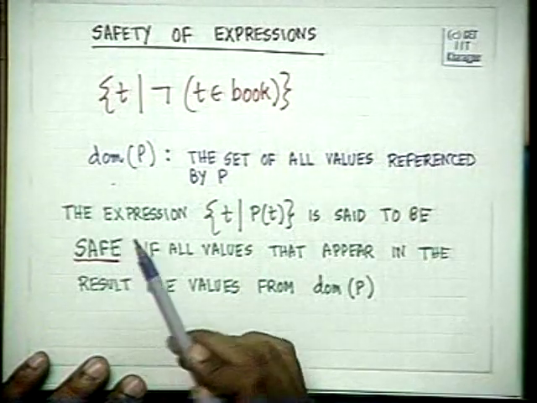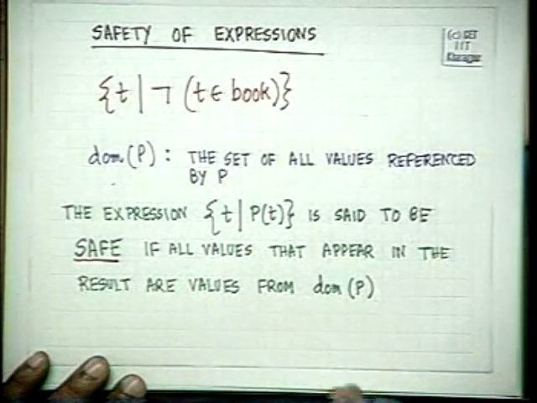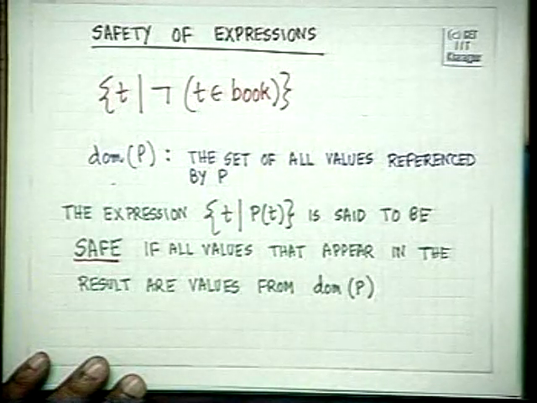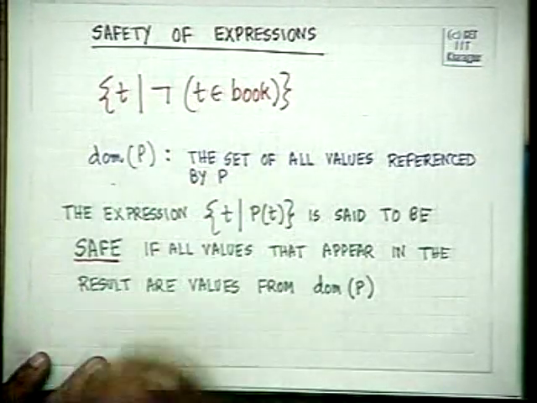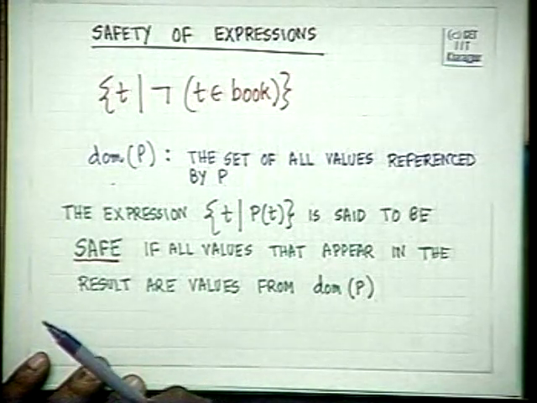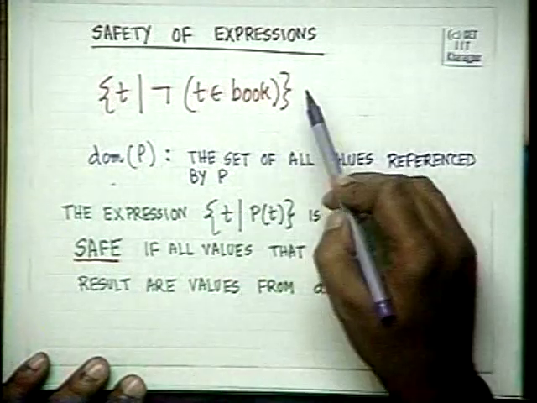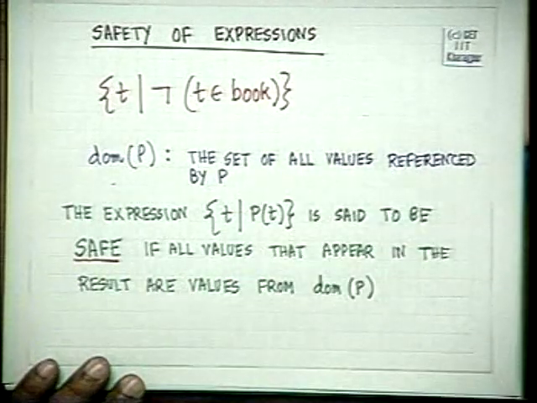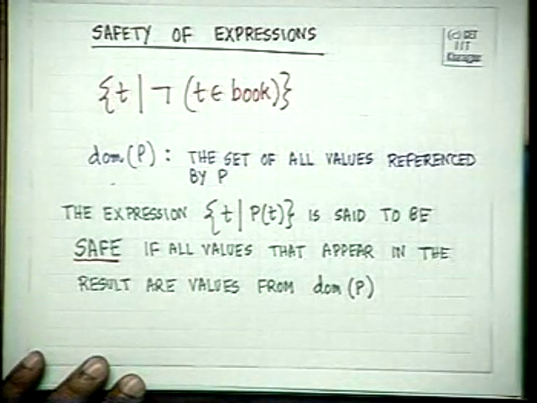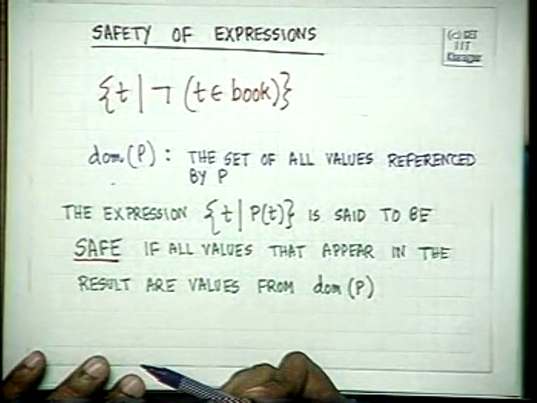So you will get a huge set of arbitrary relations, not infinite because of the finite size, but this is meaningless. And in some cases, when you define integers, then this set may become infinite. Therefore, such expressions are called unsafe expressions, and they are not really relevant to our domain of discourse unless you have a universe of all the books known to you.